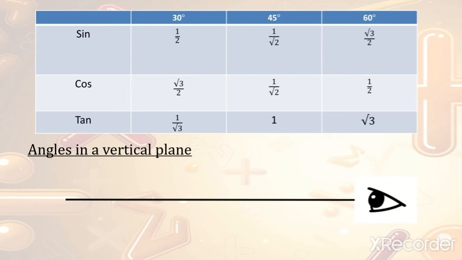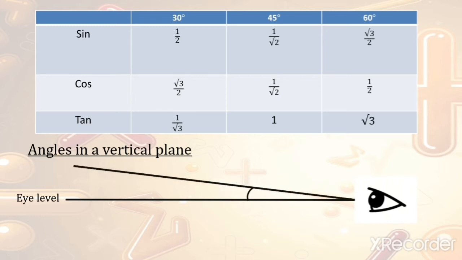If you look at something easily, you look at something on the horizontal plane, in a horizontal line. So this line is known as the eye level. If you look up, there is an angle, and that angle is formed using the eye level.